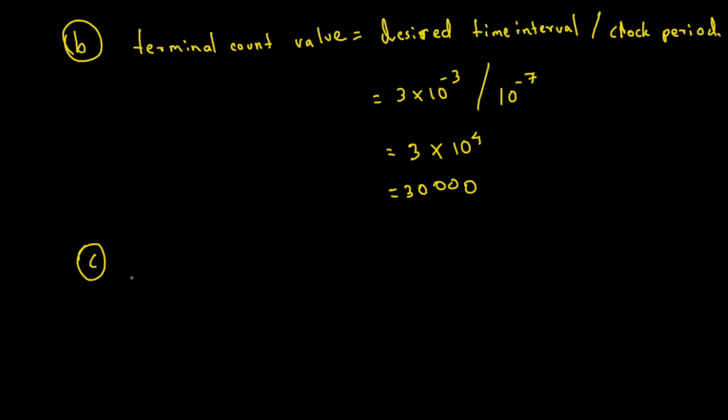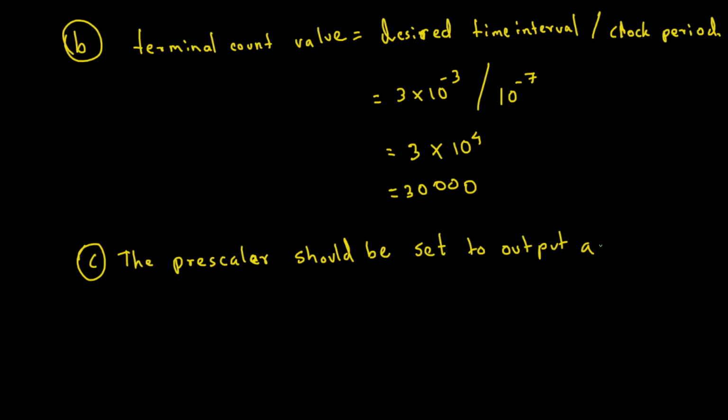So we can say the prescaler should be set to output a frequency that is 1 over 16, but they are asking us to give it in 2 power, so 2 power 4, 1 over 2 power 4 of the original frequency.